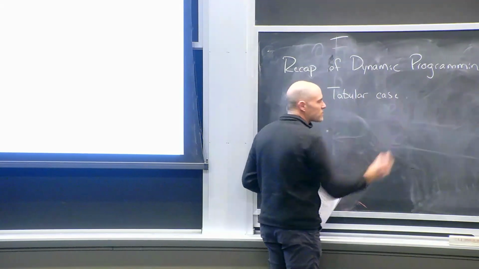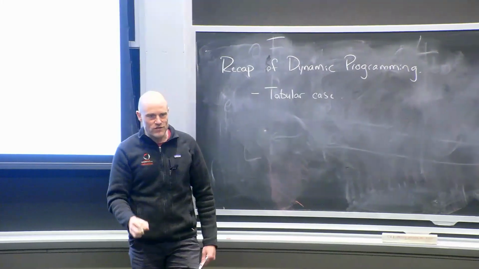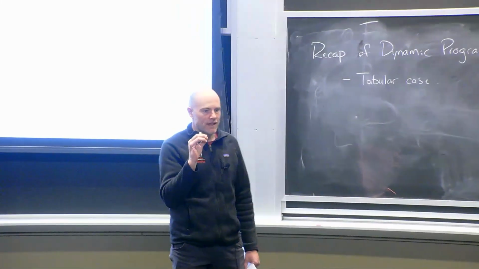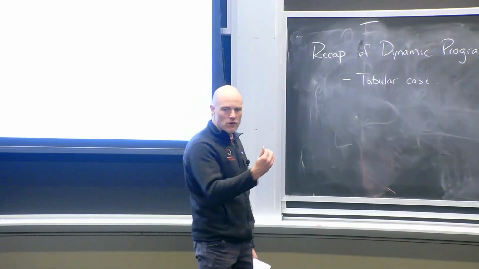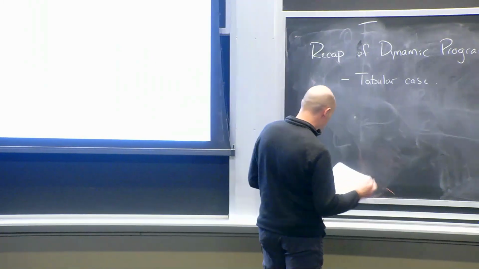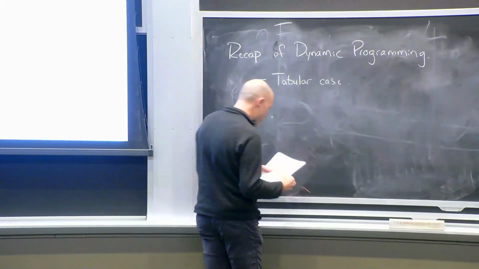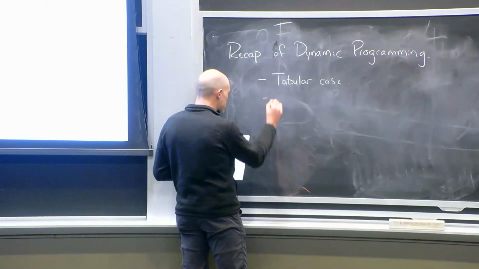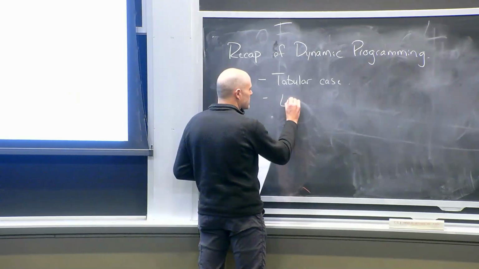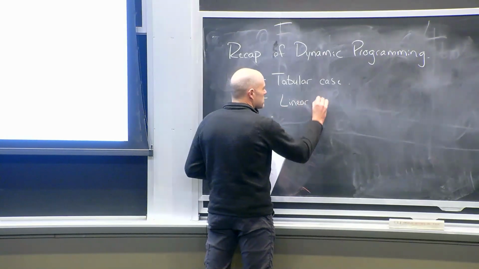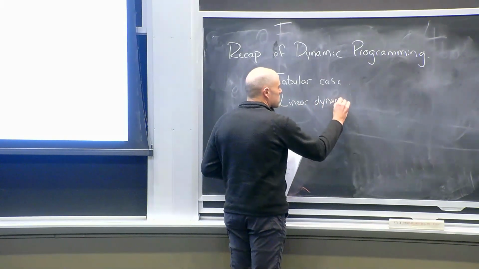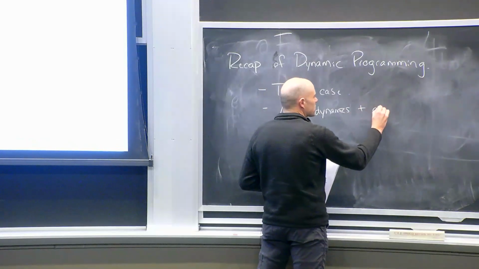That's where everything was discrete. States were discrete, actions were discrete. We could think about dynamic programming as graph search, or solving a shortest path problem on a graph, for instance. We talked about the linear dynamics and a convex cost case.